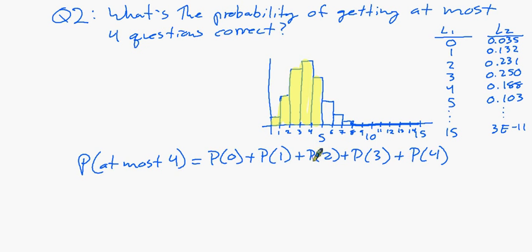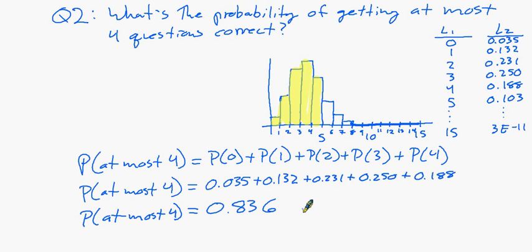You can think of this, if you want to use the and or vocabulary, to answer this question, as the probability of 0, or 1, or 2, or 3, or 4. It's any of those. So it's the addition rule, and you'd add them all together. And it turns out to be something like this. So the probability of getting at most 4 right is about 84%.